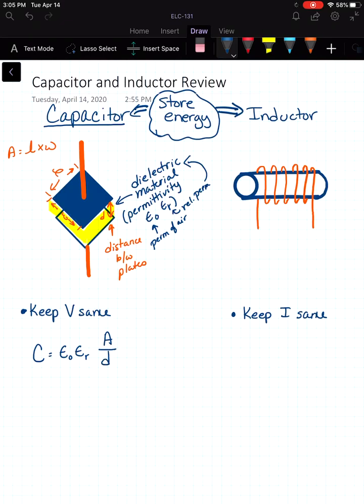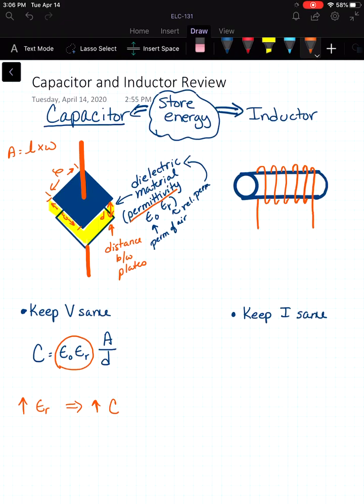What this equation tells us is that if we increase the permittivity of the dielectric material, then that is going to increase the capacitance of our capacitor. The permittivity tells us how easy it is to set up an electric field in that material.